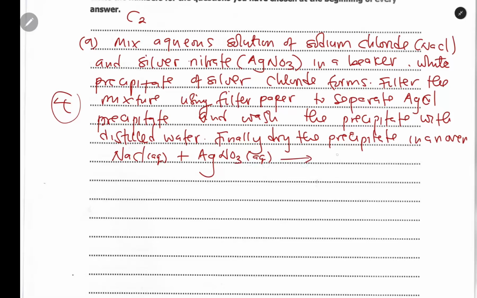This results in the formation of silver chloride, which is solid, plus sodium nitrate, which is also aqueous. These are the products that are formed.